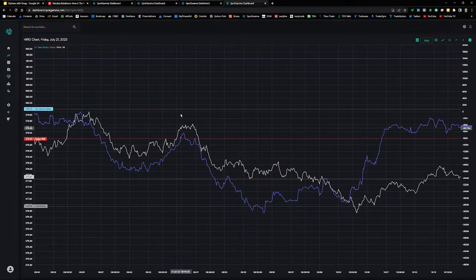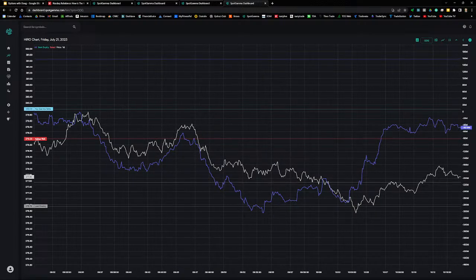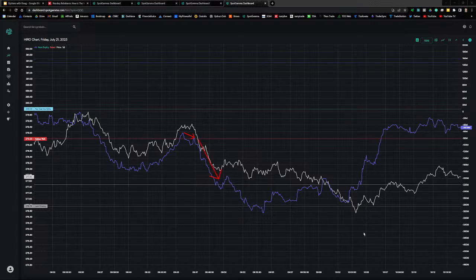So here's the first setup at 9:45, and just a very slight divergence there, with Hero making a lower high, and as it starts to fall, price starts to fall.